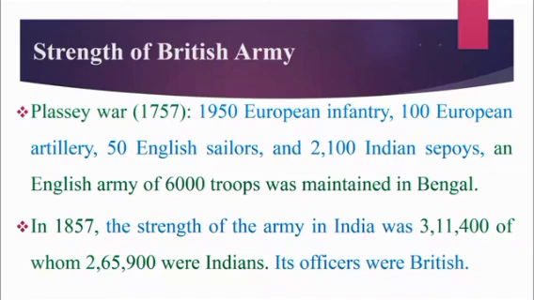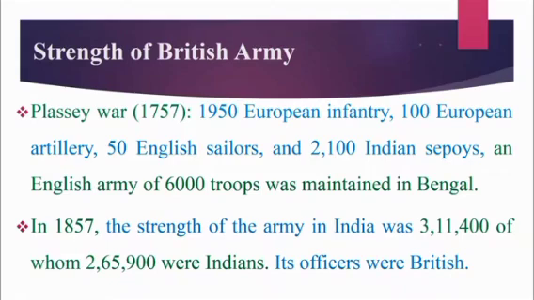In 1857, the strength of the army in India was 3,11,400, of whom 2,65,900 were Indians. Its officers were British, that is, high rank holders were the British.